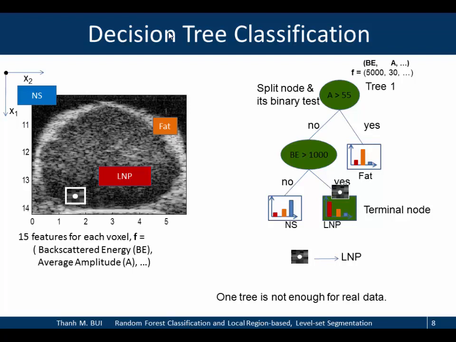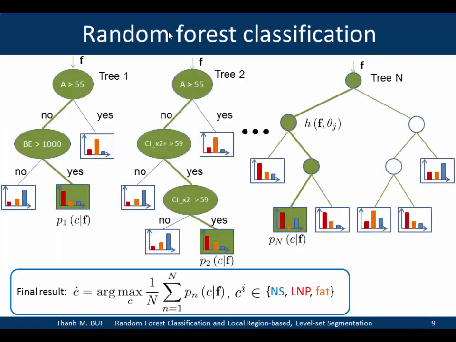However, in real data, one tree is not enough. So a random forest is multiple decision trees, N trees, and we compile the distributions at the reached terminal nodes of all the trees together to provide the final probability output.